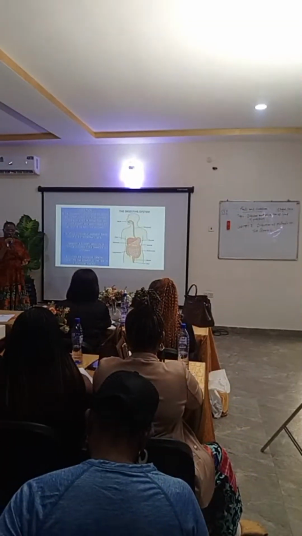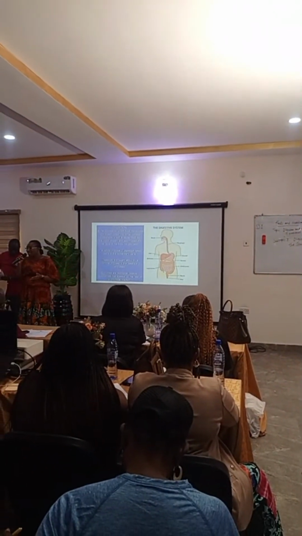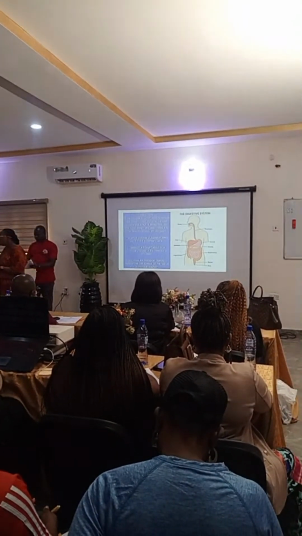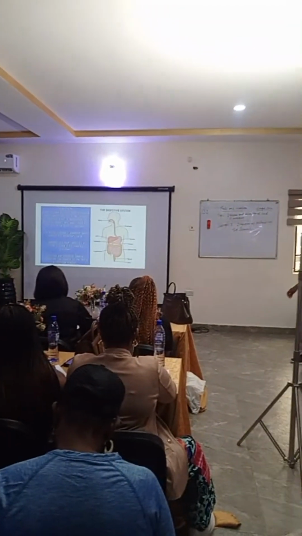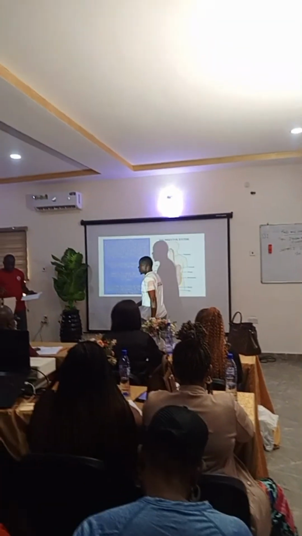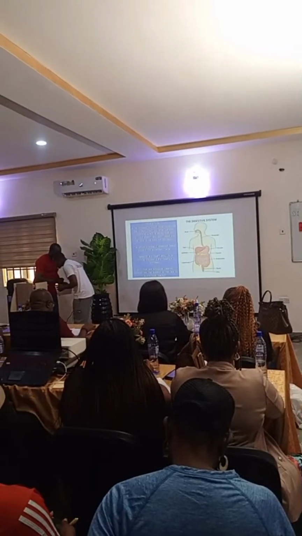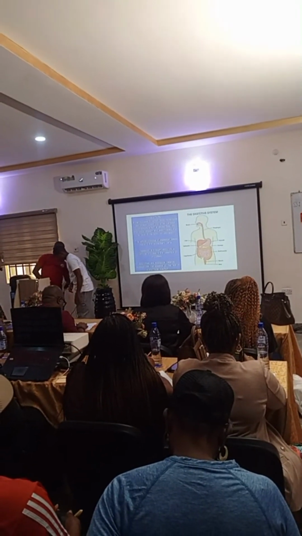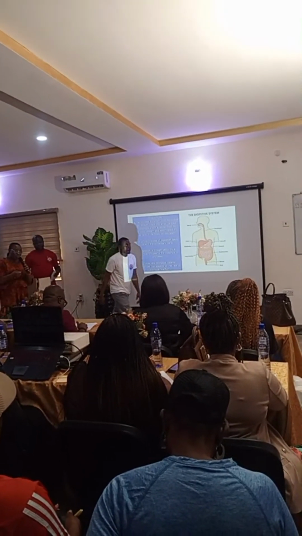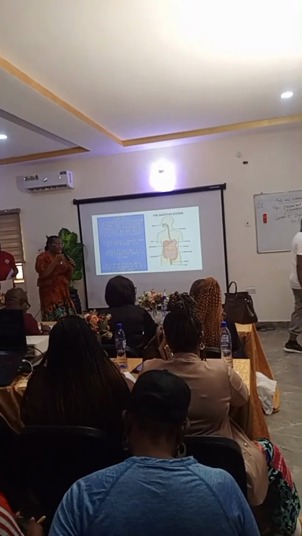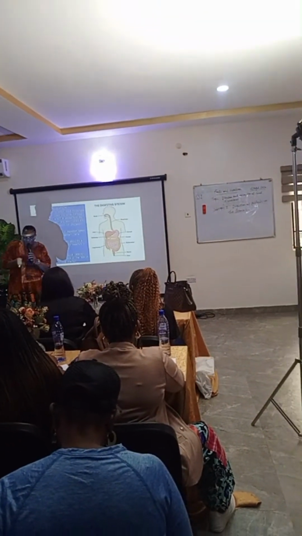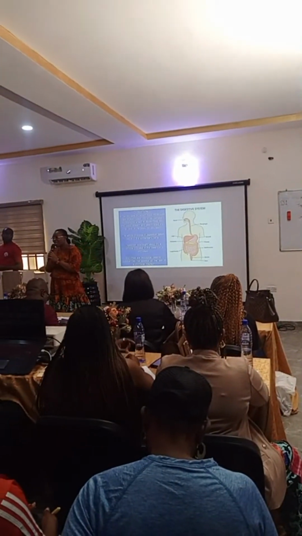Now, what is digestion? Digestion is simply the process by which food molecules are broken down into small substances which are absorbed into the bloodstream and assimilated into the cells of the body for utilization.